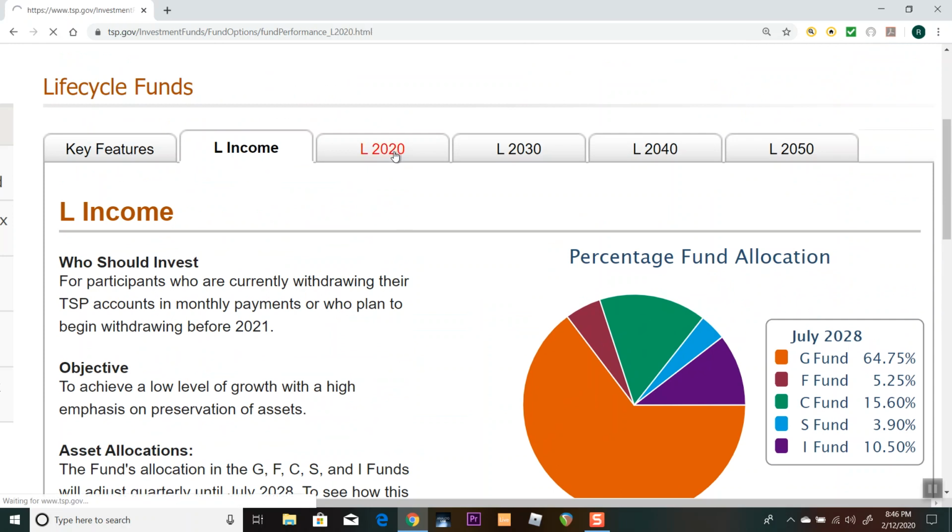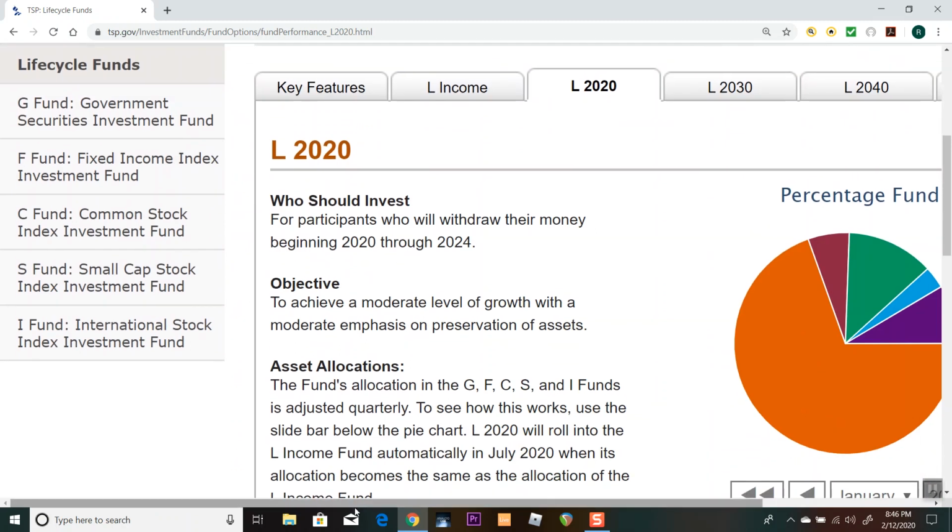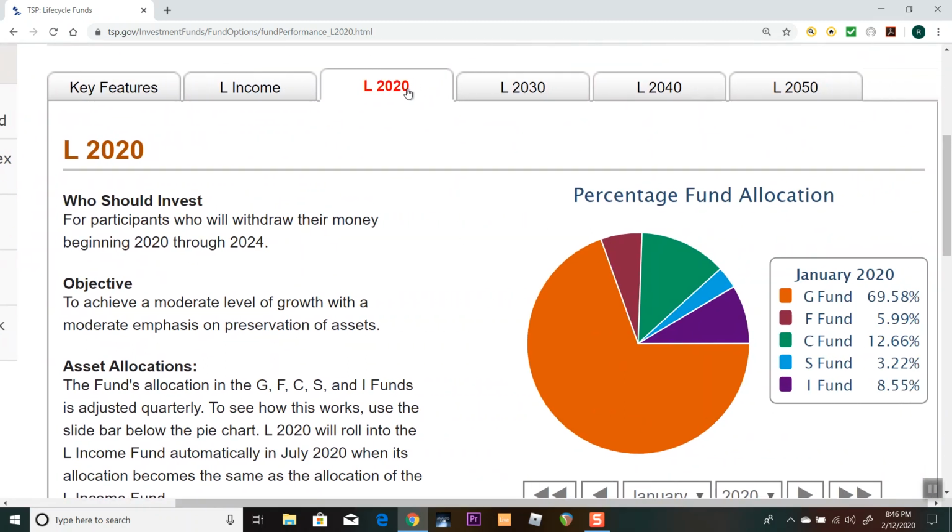So let's look at the L 2020. If you remember, these numbers, 20, 30, 40, 50, represent, like I said in the video, the time horizon. How much time out do you have before it's time for you to make a withdrawal on these funds?